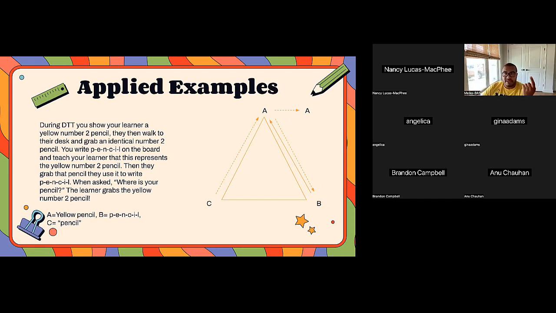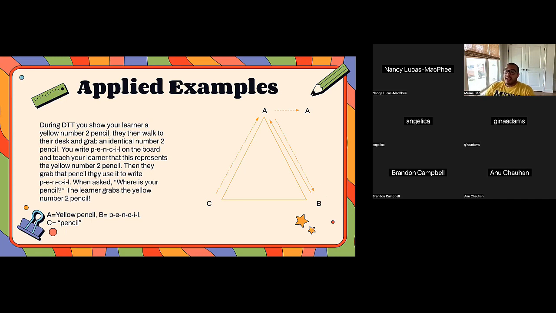I can't pick reflexivity as my answer because I also have symmetry. How can I pick one over the other? If it's giving you two, then likely your answer is stimulus equivalence. Now, I have seen on mock exams where you have symmetry and reflexivity. In that case, you need to continue to sort through. I don't want you to use this as a shortcut, but you can, right? I just want you to be aware of that.